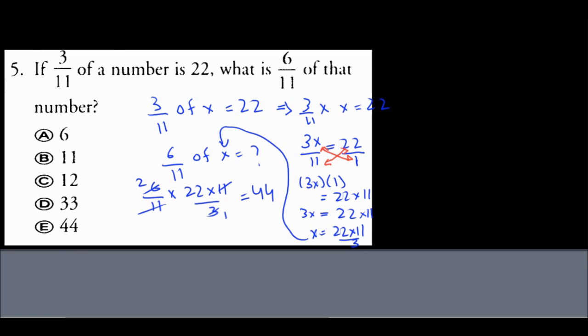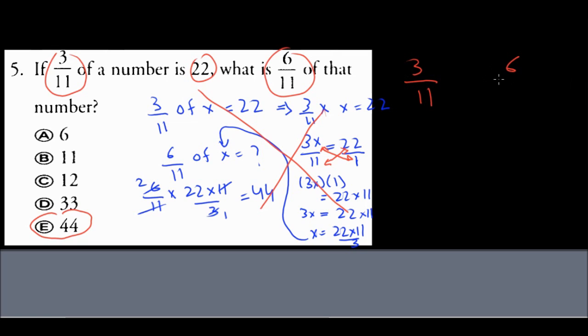Okay. If you did this question this way, you did it wrong. Of course, I got the right answer, which is E, 44, but this is a very inefficient way to do this problem. And the reason being, they tell you 3/11ths of a number is 22, and they want to ask me 6/11ths. Well, what's the relation between 3/11 and 6/11?